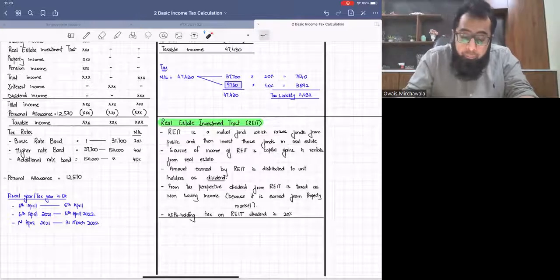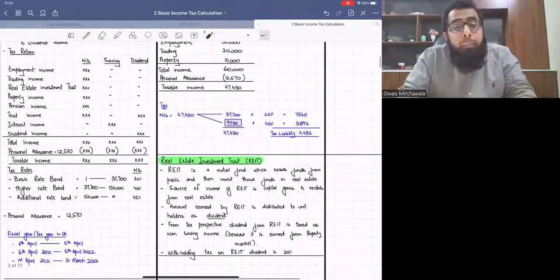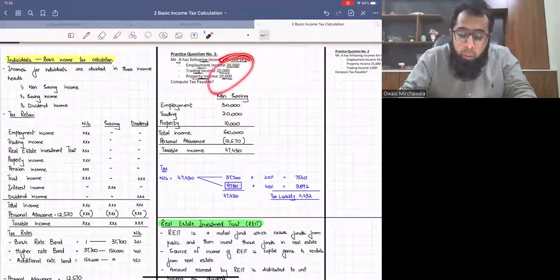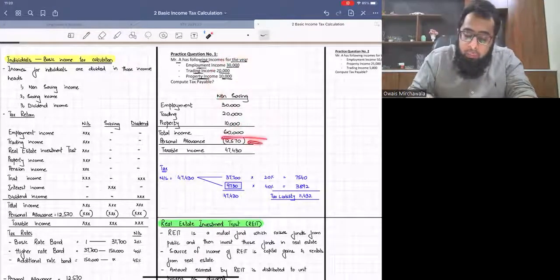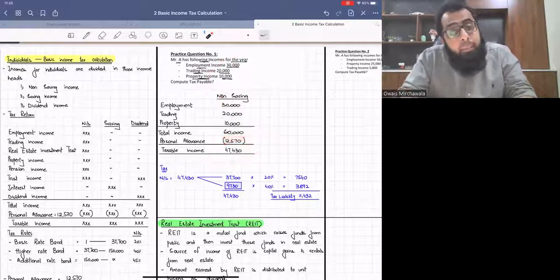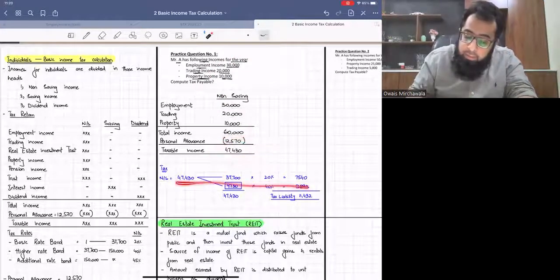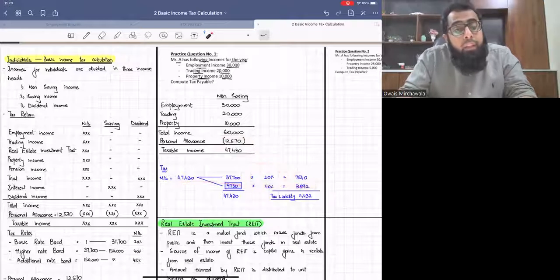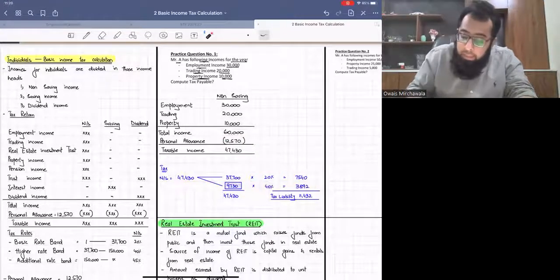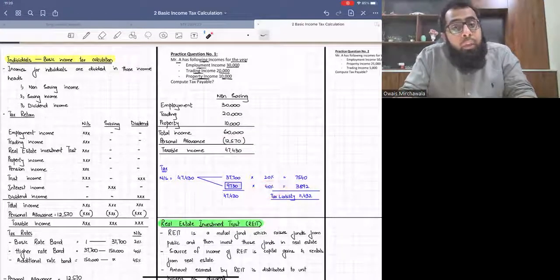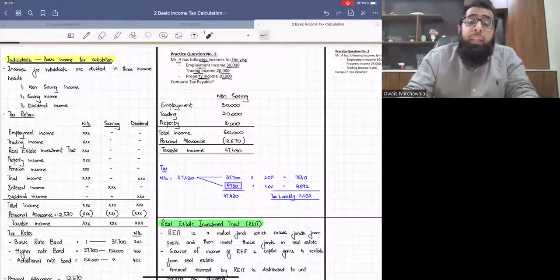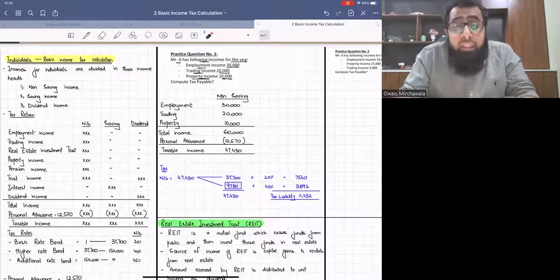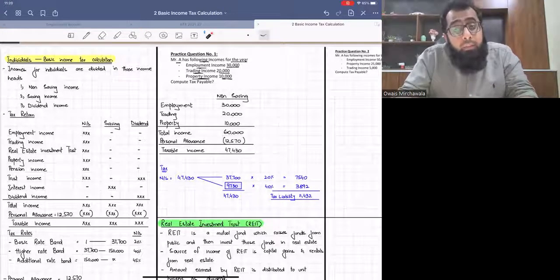Now, in this question, there was employment income, trading income, and property income. All three were non-saving: total income, personal allowance, taxable income. Till 37,700, the rate of tax is 20%, and after that it increased to 40%. I hope that it is pretty much clear. There is nothing to worry about.